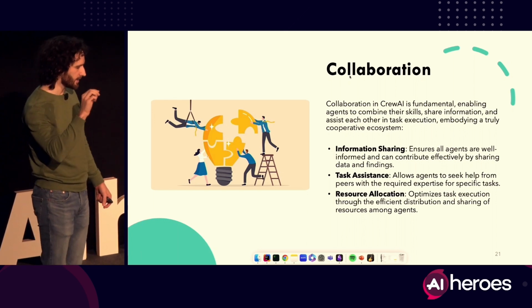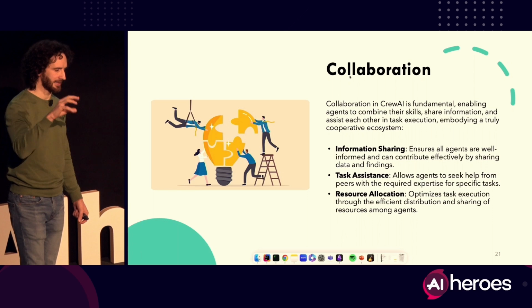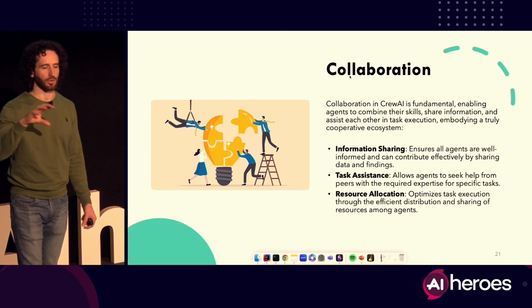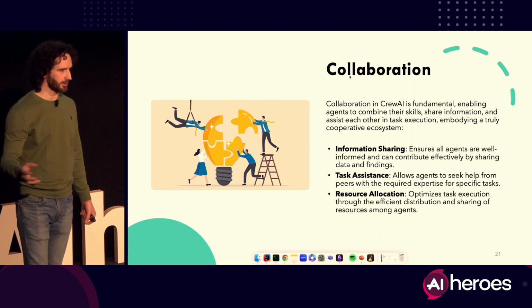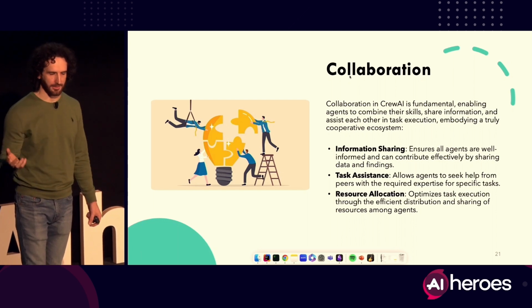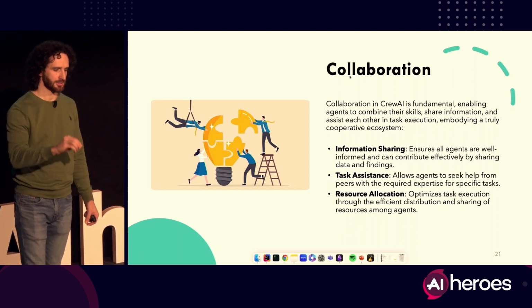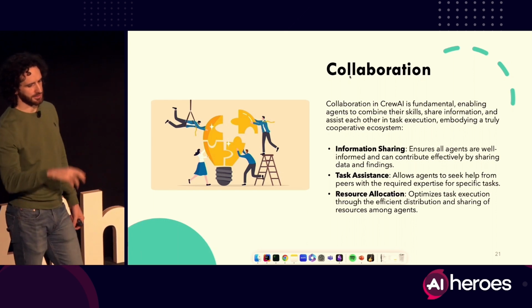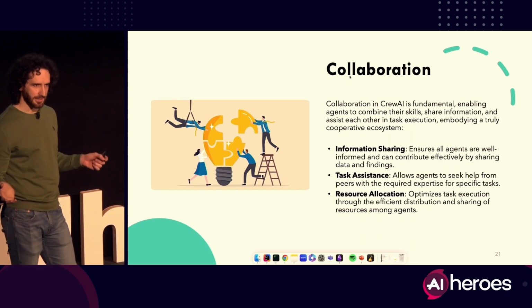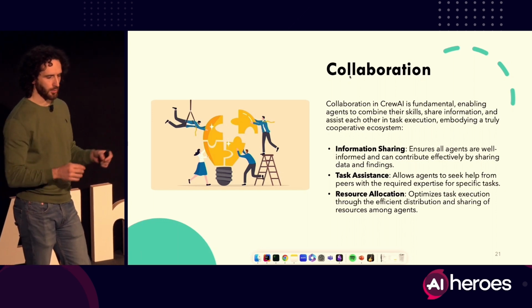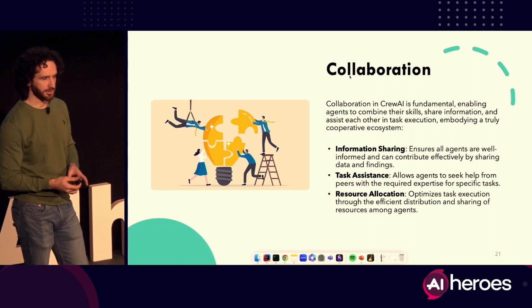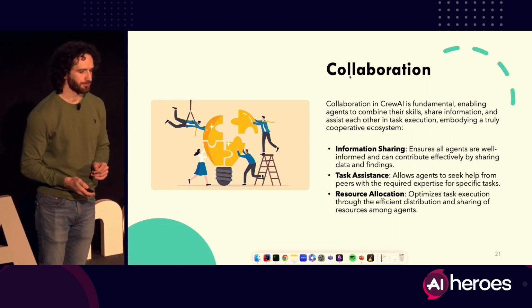Creating a system that lets agents collaborate is very complicated. It requires a big effort, and it's not something you do in a weekend. This is all implemented, so the information sharing, the task assistance, resource allocation, all things that have been studied a lot and implemented in CrewAI and in some other frameworks, and you don't have to take care of it. So you focus on your application.